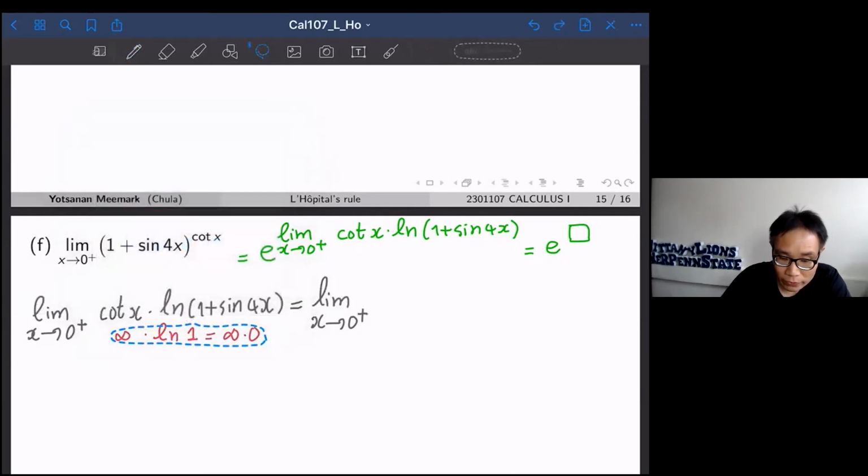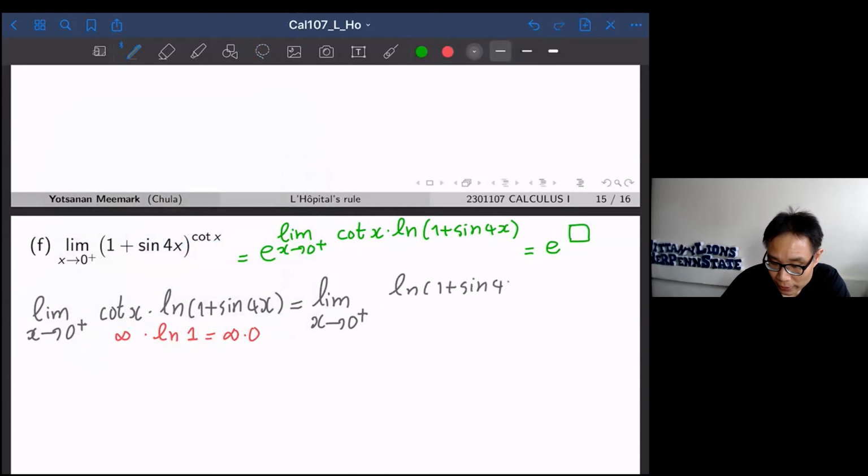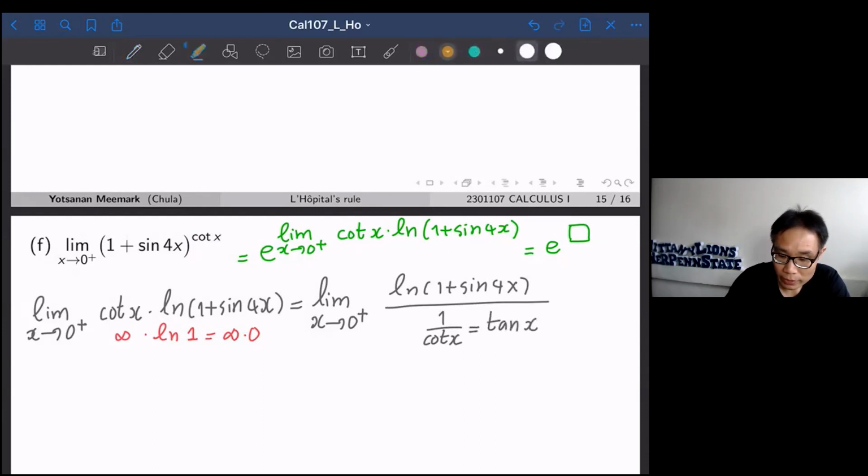So in this case, we're going to convert this into log(1 plus sine 4x) over 1 over cot x. Like I said, it seems difficult. What is 1 over cot x? 1 over cot x is tan x. So the bottom turned out to be just tan x, not that hard.